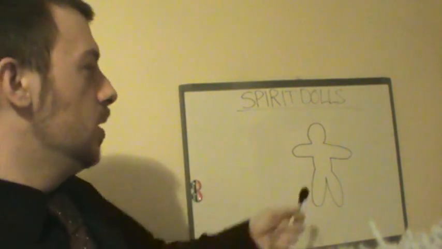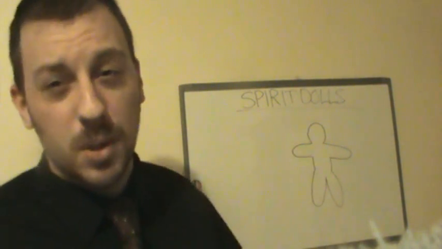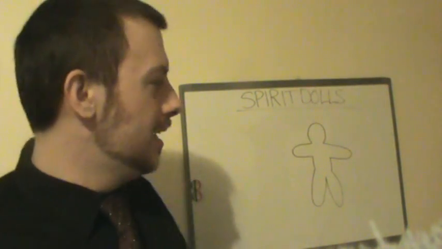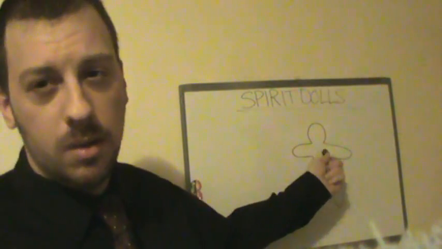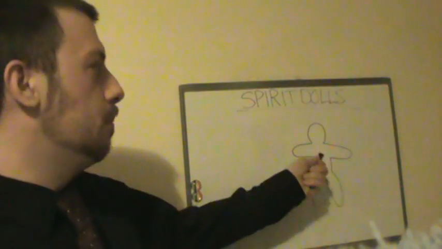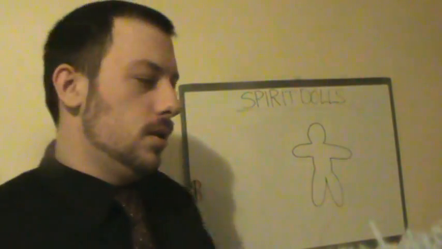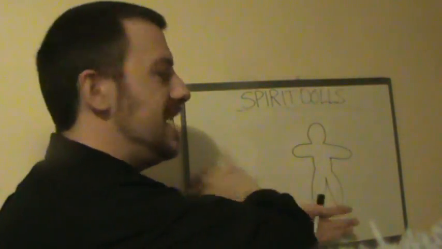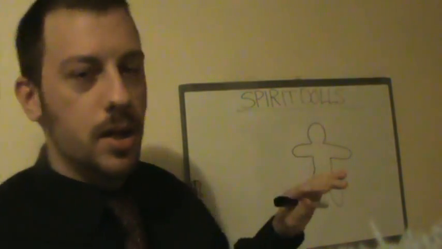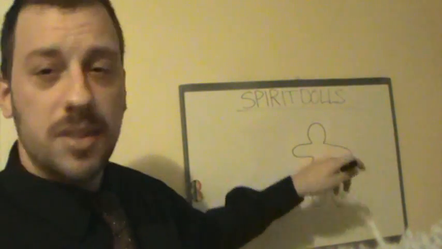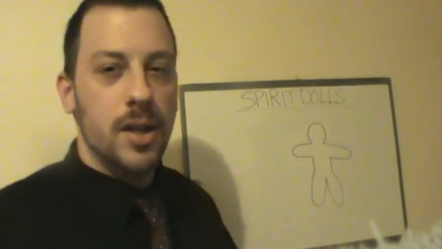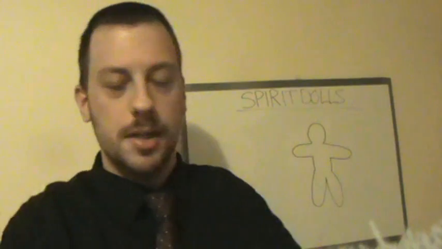Now, one more important thing. When you're finished, you don't just throw it away. You don't do that. When you're finished with the doll, you have to disassemble it. And this is the hard part for a lot of people. You need to do a ritual to deactivate the doll. You may cleanse it in whiskey and just say, your tie to this person is broken.